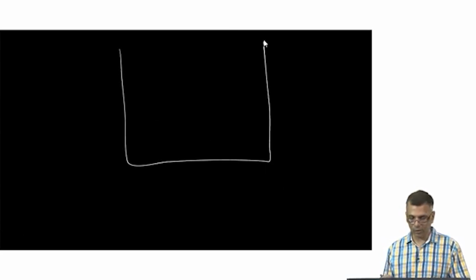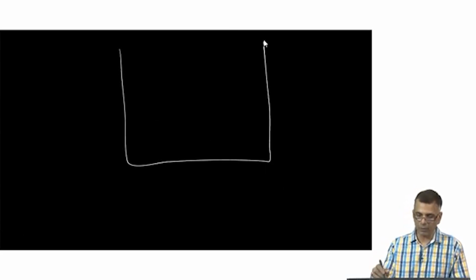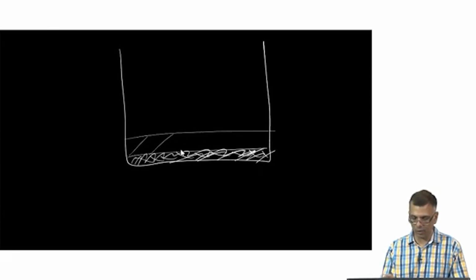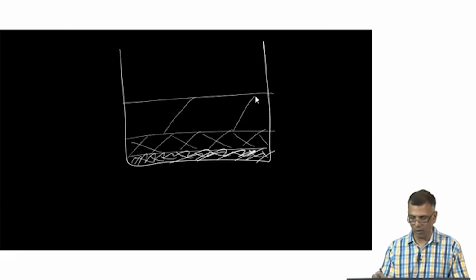So what will naturally happen, simply because of gravity, there will be a stratification, and you'll have the densest material at the bottom. This would be the densest material, and the next layer up would be relatively less dense, and the next layer would be even less dense, like that.